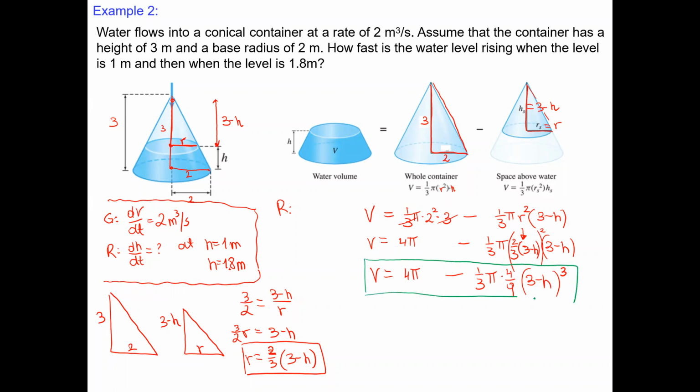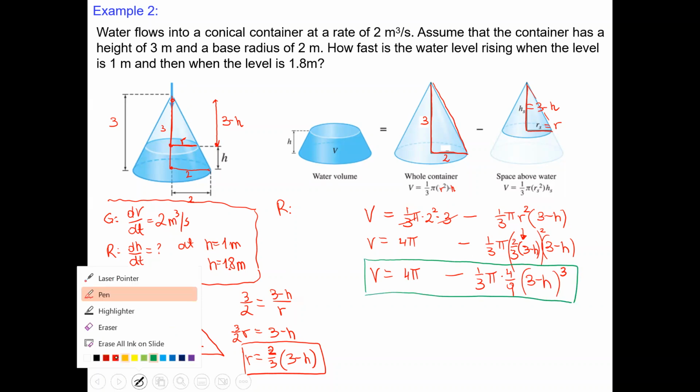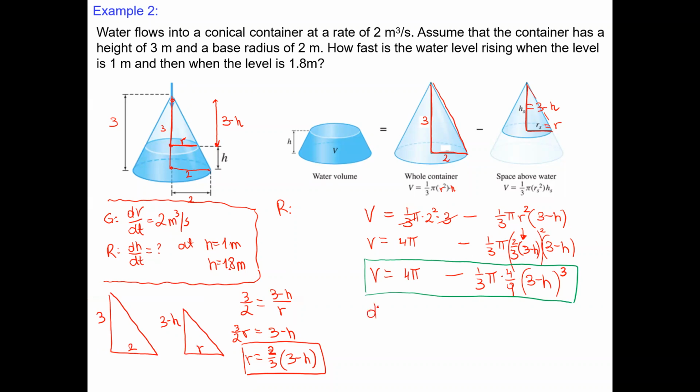Okay, we're taking this relation and differentiating with respect to time. Derivative of the volume with respect to time, derivative of the constant is 0. Copy that constant. Oh, actually, I'm supposed to put 1/3 pi times 4 over 9, 27. Okay, that's constant. Now, derivative of 3 minus h cubed.